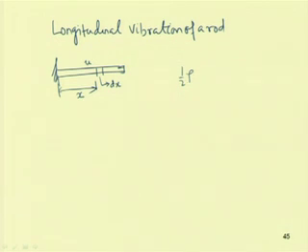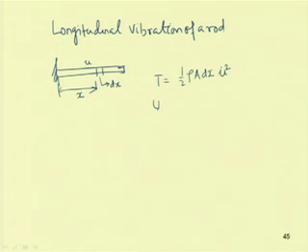If rho is the density of this rod, then the mass of the small element will be rho into A into dx, and its velocity becomes u dot. So, it becomes half rho A dx u dot square. This is the kinetic energy of the small element.